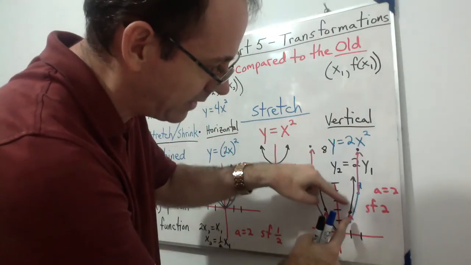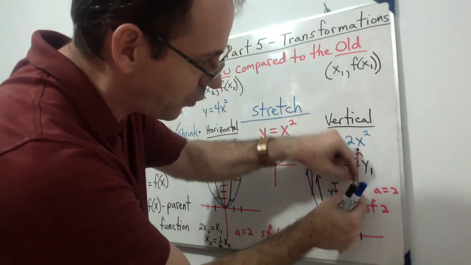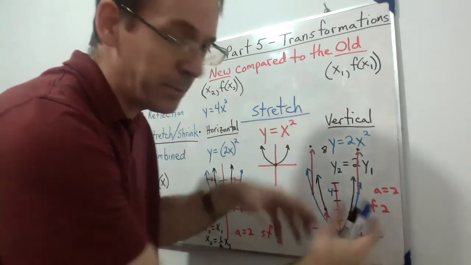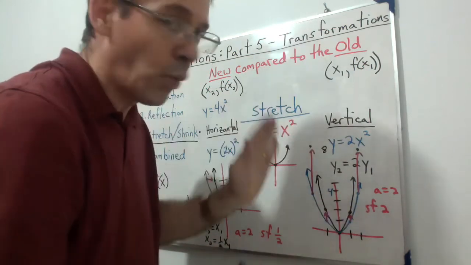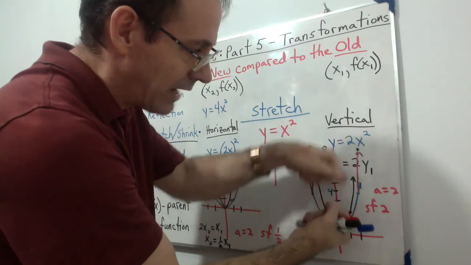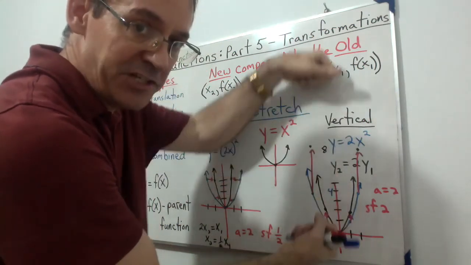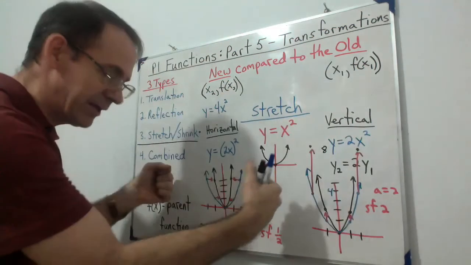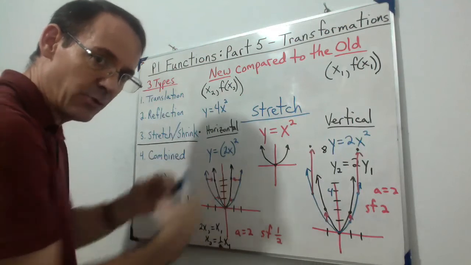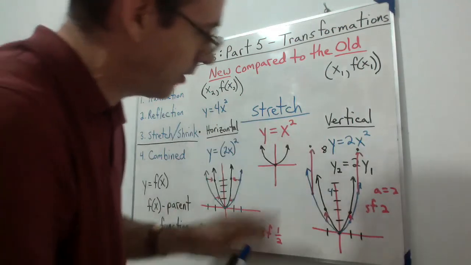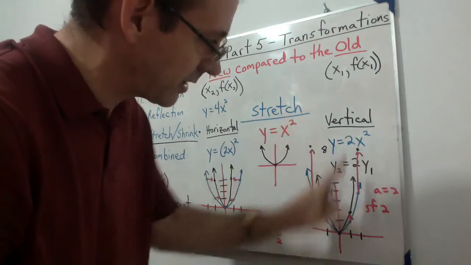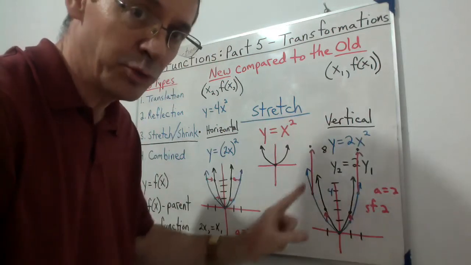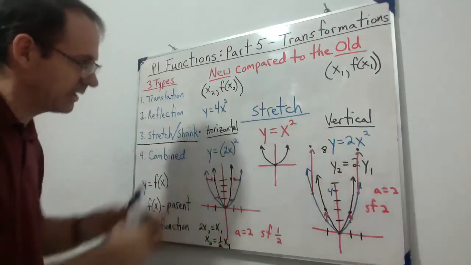So the 1 went up to 2, the 4 went up to 8. You've doubled each y value. The y values have been doubled, so you're stretching it vertically. This one, we're actually shrinking it horizontally. So this one, you're wanting to look at the vertical movement, and this one, you're looking at the horizontal movement.